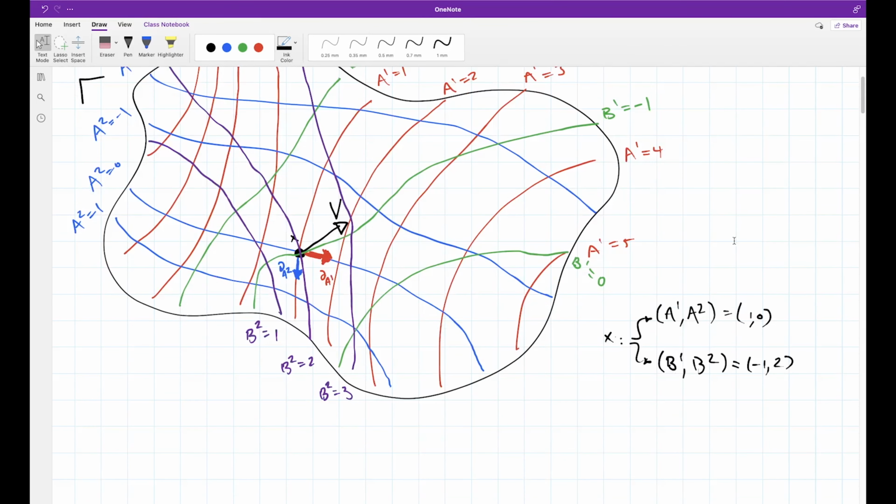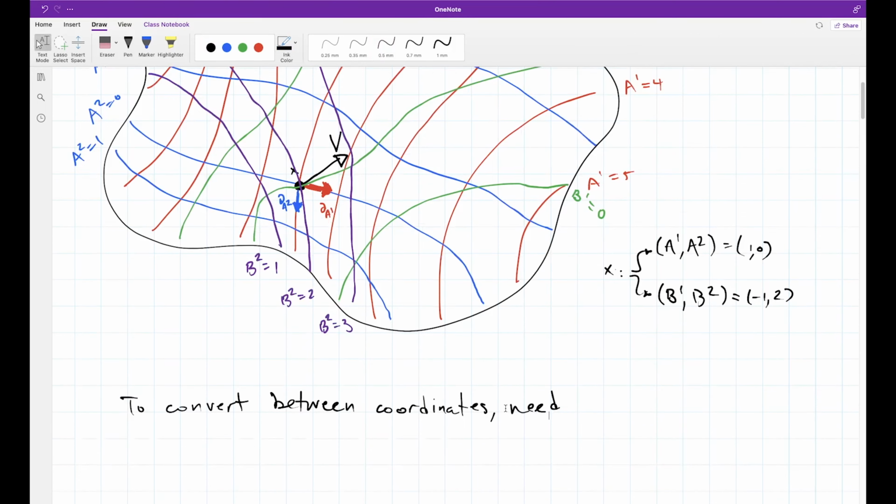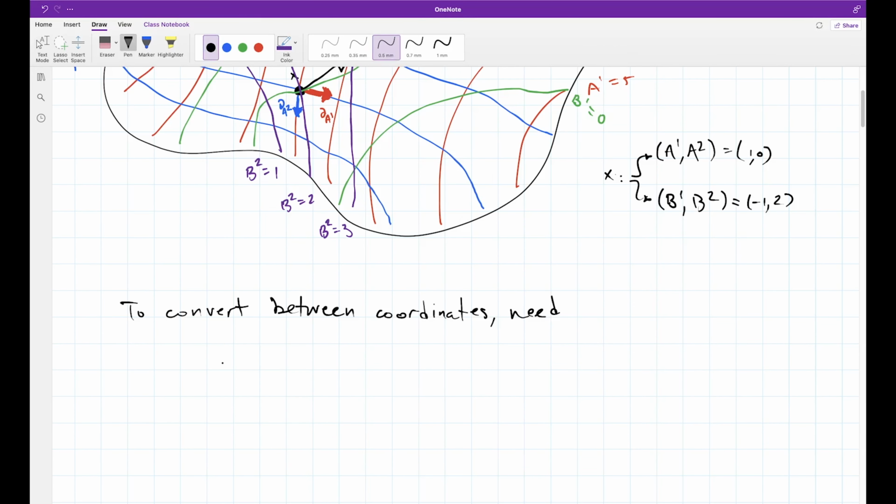Now, I think that being able to convert between these two coordinate systems is something that should be relatively familiar. What we would need are the functions A1 and A2, which we're now going to think of as functions in terms of B1 and B2.